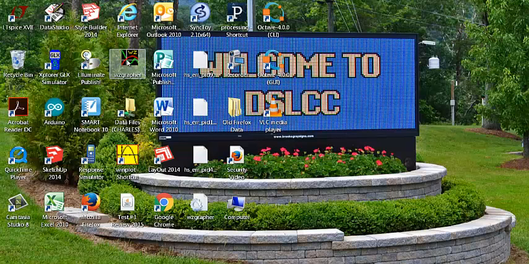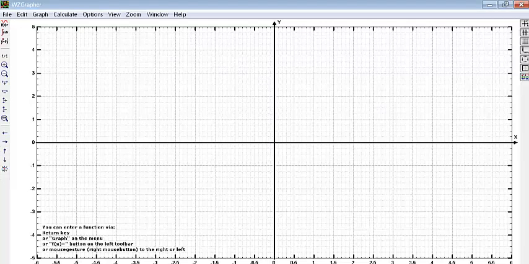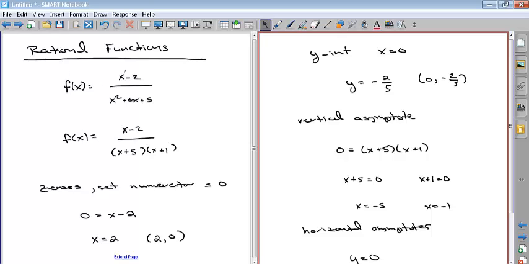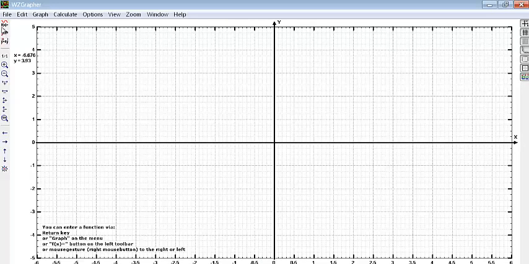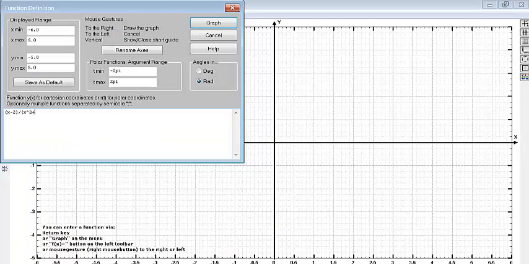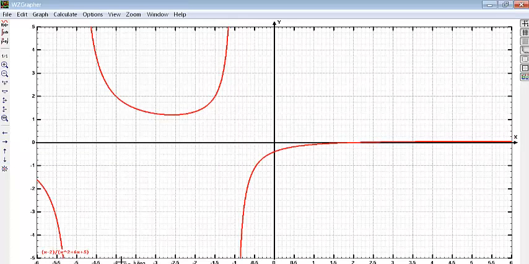And I'm going to open up my graphing utility and just plot this function. So the function was x minus 2 divided by x squared plus 6x plus 5. Okay, so let's see what this thing looks like. So we graph this thing out, and there you go.